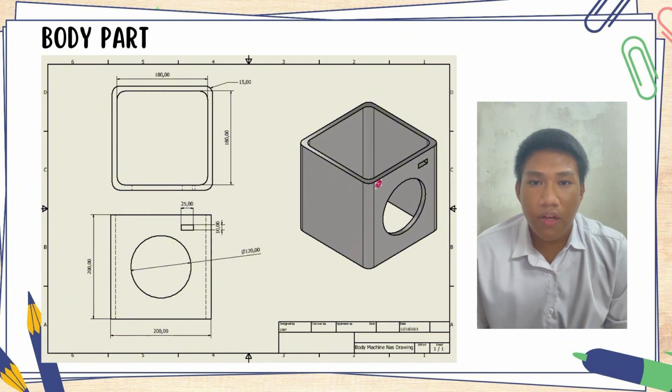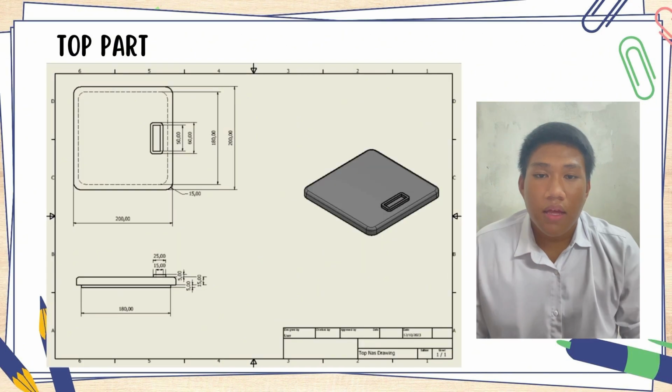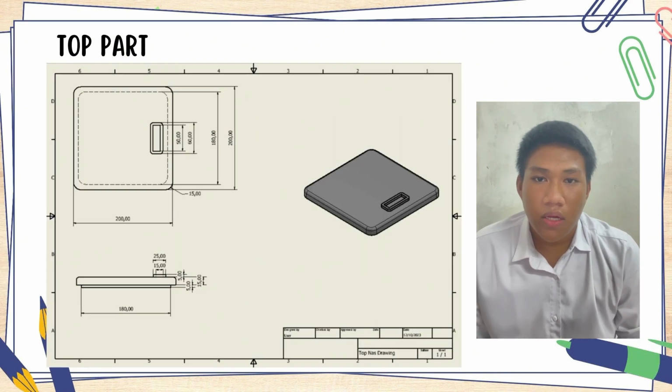After that we make a fillet at the edges of the inner and outer of the body part. Then on one side of the body part we make a hole with 120 diameter, and also a tiny rectangle of 25 and 10 millimeter, and we extrude cut it. Then this body part was created.